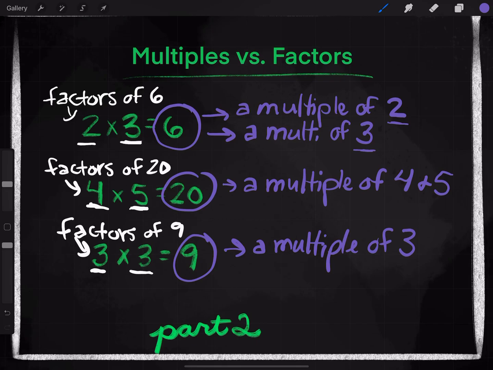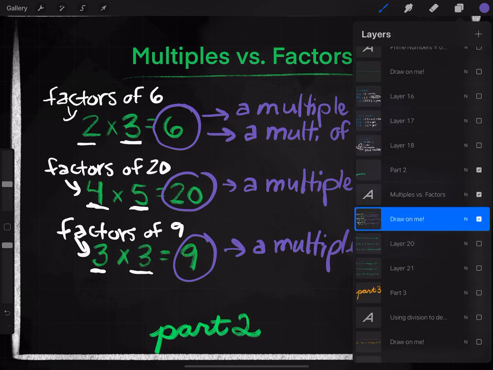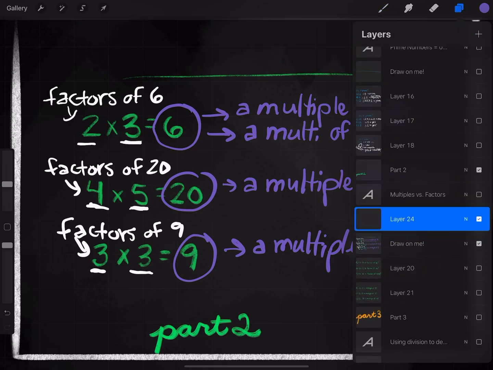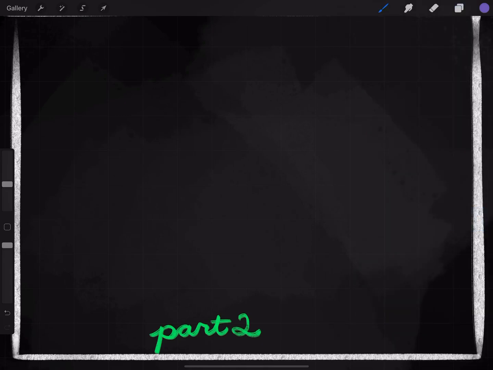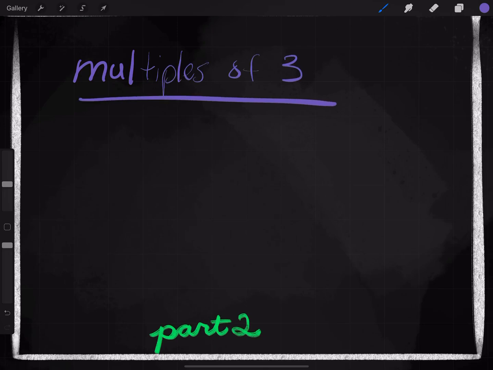If you want to list multiples, the list could just go on and on. Multiples of 3. Okay, so you could say, 3, 6, 9.